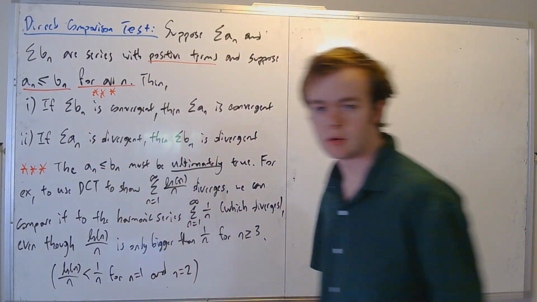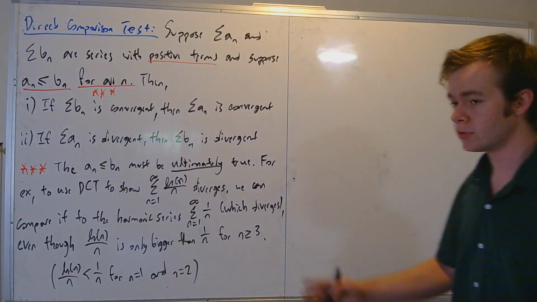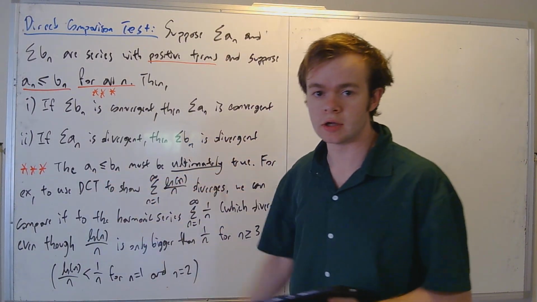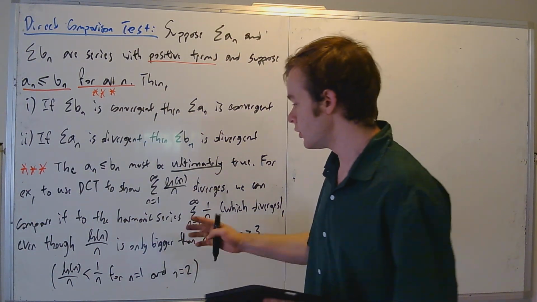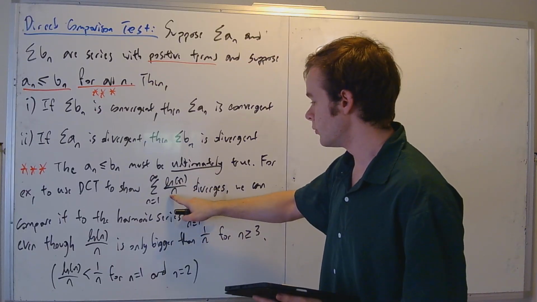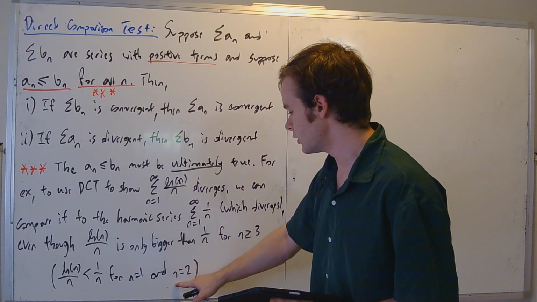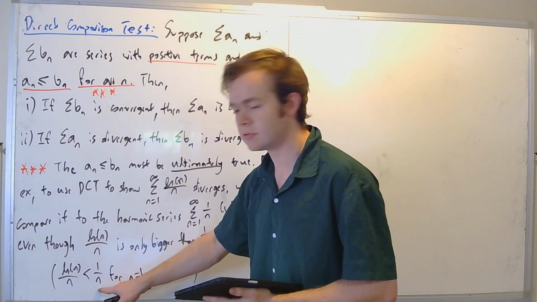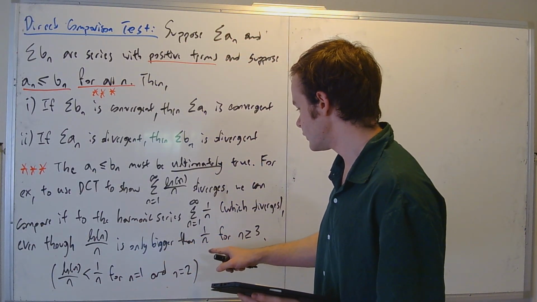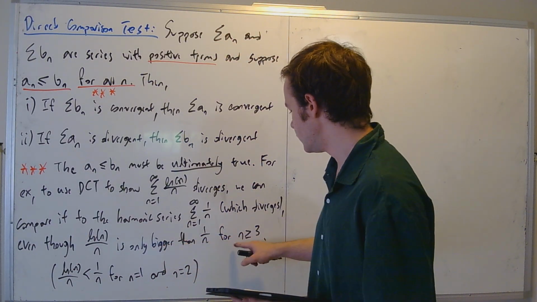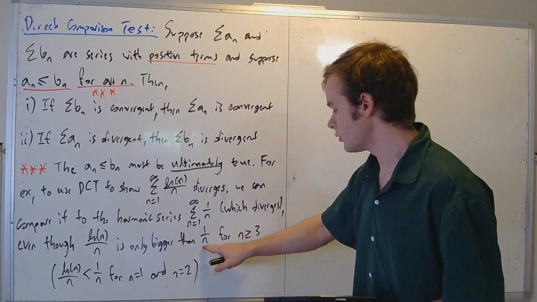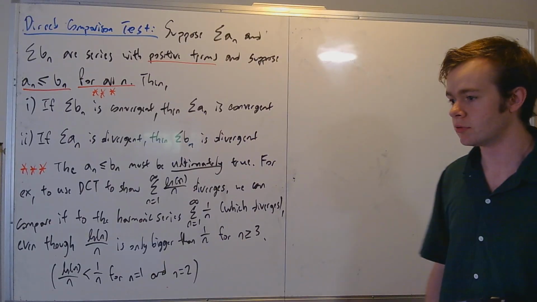Right, so what I'm saying here is, as long as after some point all of the entries in A are smaller than the entries in the sequence B, then we can use this. For instance here, with this series, the first and the second terms are actually smaller than 1 over n, but if we look at all of the rest of the entries, then this term is going to be bigger than 1 over n as long as n is greater than or equal to 3.